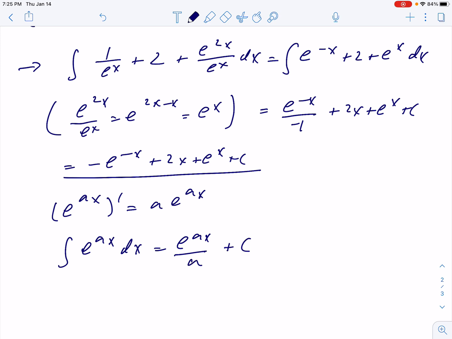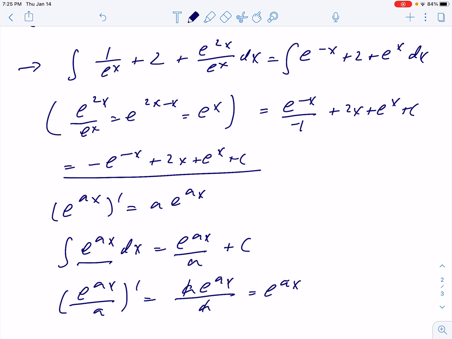Because if I take the right hand side and differentiate, the derivative of c is 0, of course. This will be on the top a times e^(ax). This a we ignore in the denominator, it's a constant. A cancels out, that's our integrand. So we have our exact antiderivative.